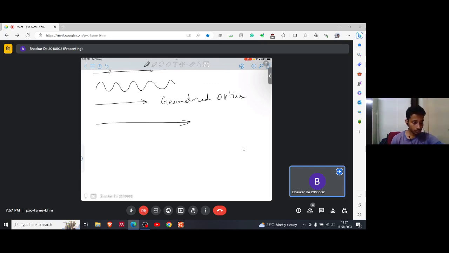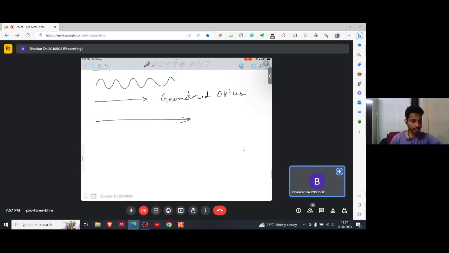Now, in order to calculate different aspects or different propagation of that laser beam or the light, we only need to answer two questions.